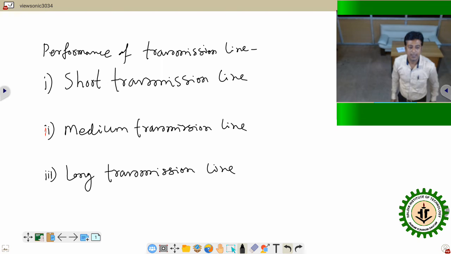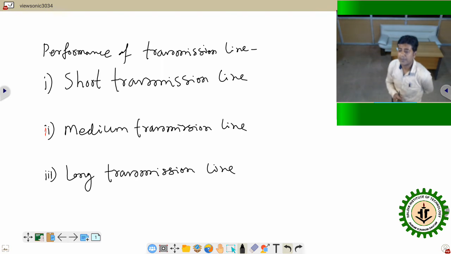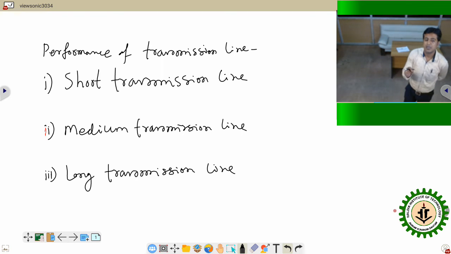These are the three categories of transmission line. They are classified based on the transmission voltage and the length of the line.